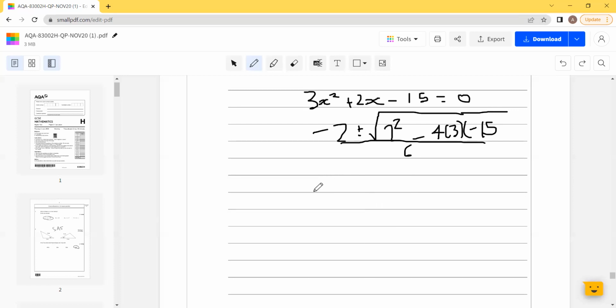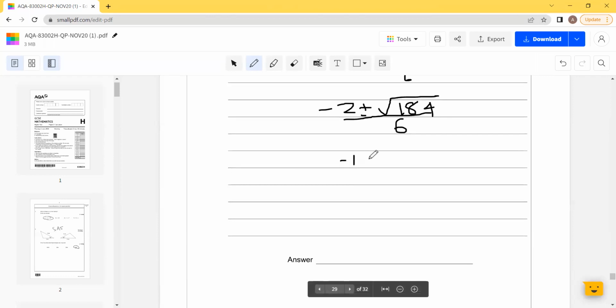I've seen my mistake. So this should be minus 2 plus or minus, and because this is a double negative, this is a positive. So instead of getting 176, I should have written the square root of 184 over 6.